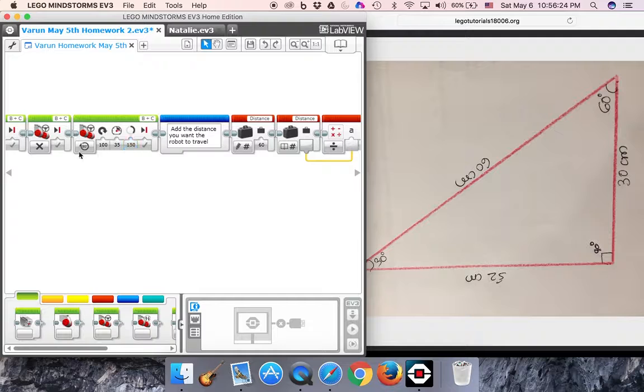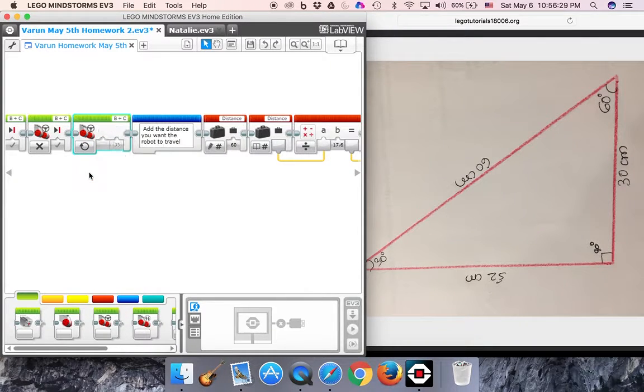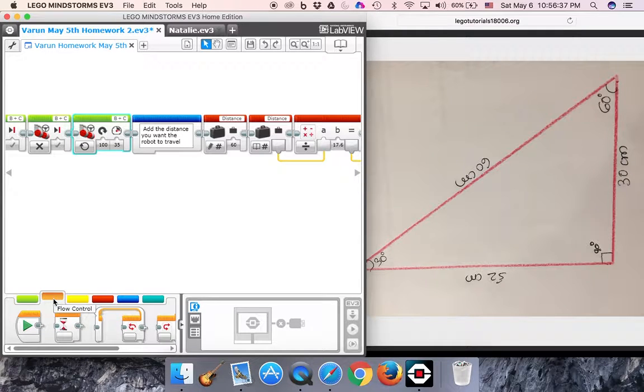You don't use this for degrees, you keep it on. So you're keeping these motors on at the speed of 35, and the motors actually wait for something to happen. Now before we do that, we have to tell the gyro to reset.